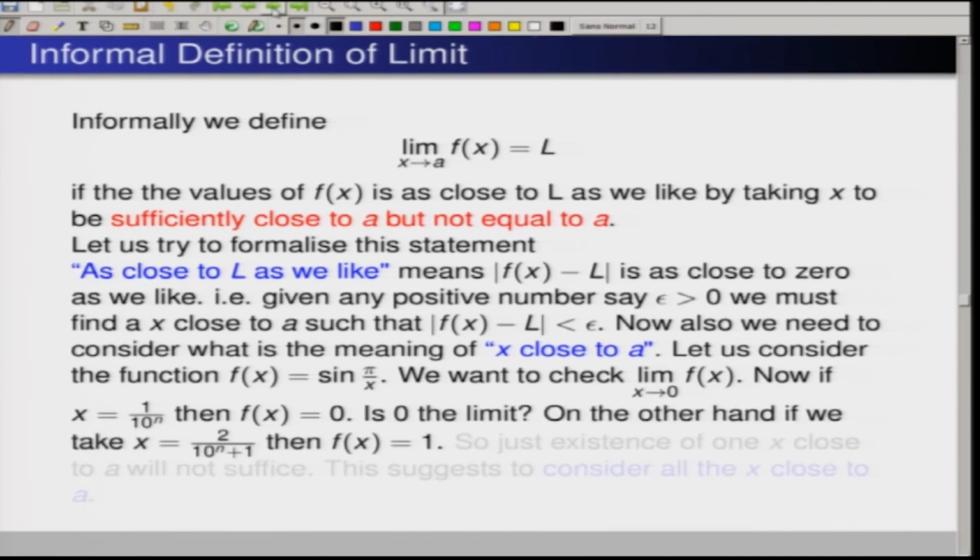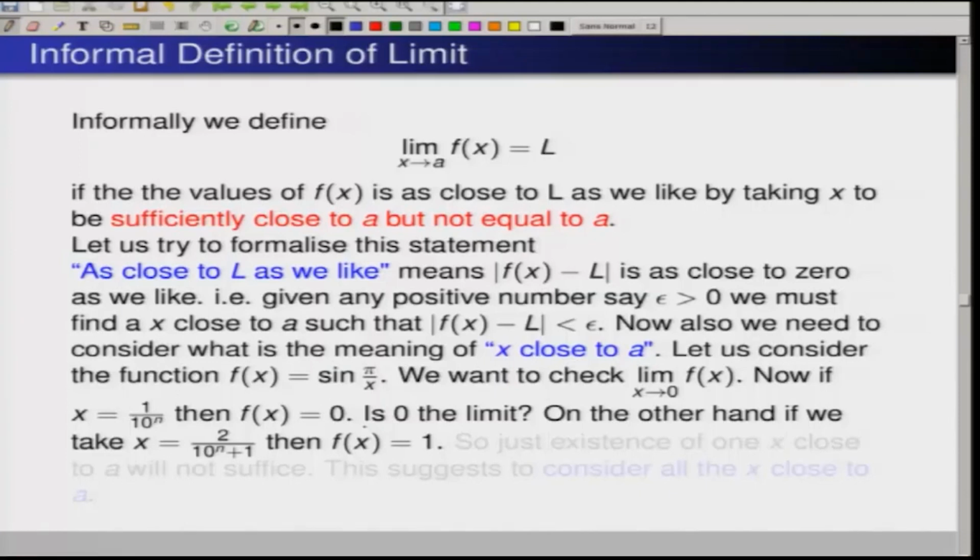Now, if you take x to be 2 by 10 to the power n plus 1, for large n this x can also be very close to 0, and in that case f of x is going to be 1.